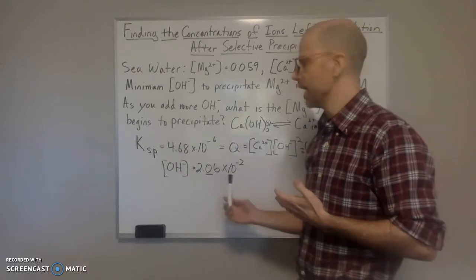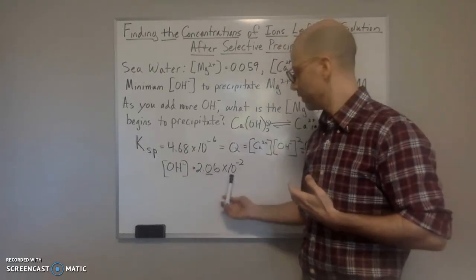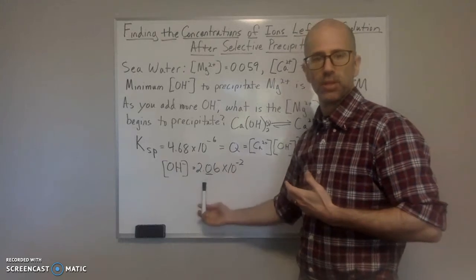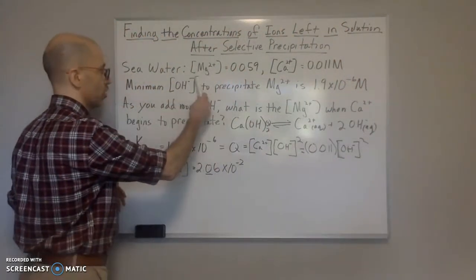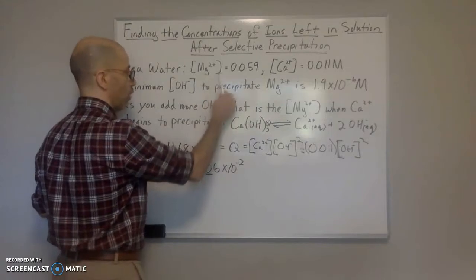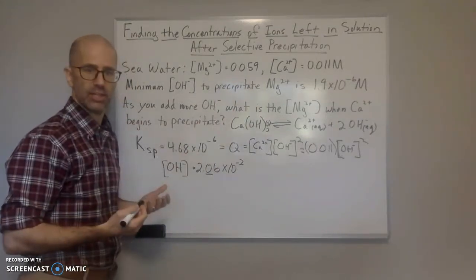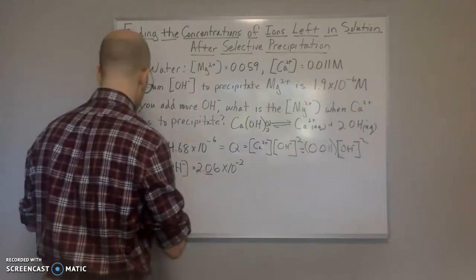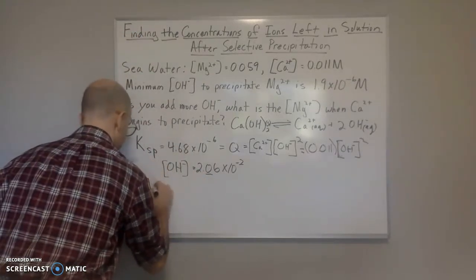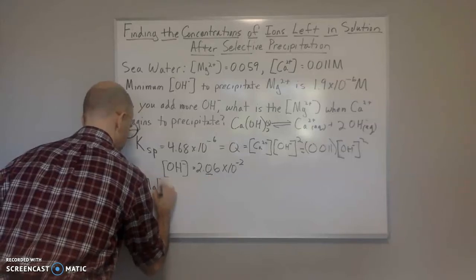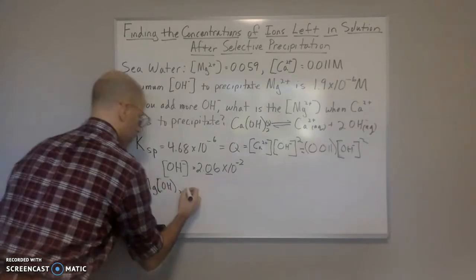But the question now is, how much is left at this concentration of OH? So what we need to do now is go back to the Q value for magnesium and see how much magnesium is left. So now we go back to magnesium hydroxide.